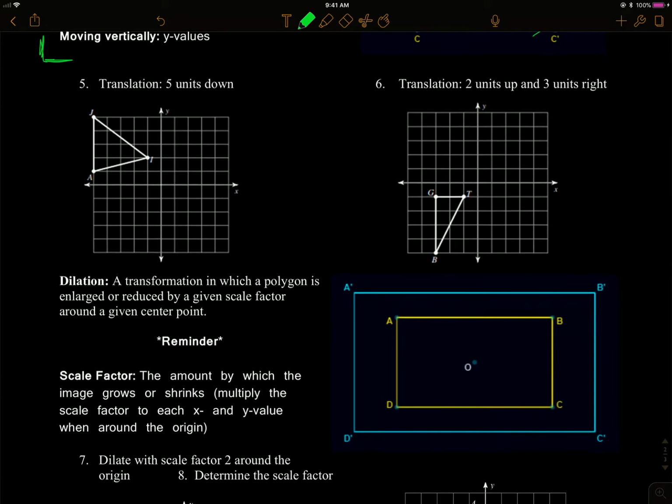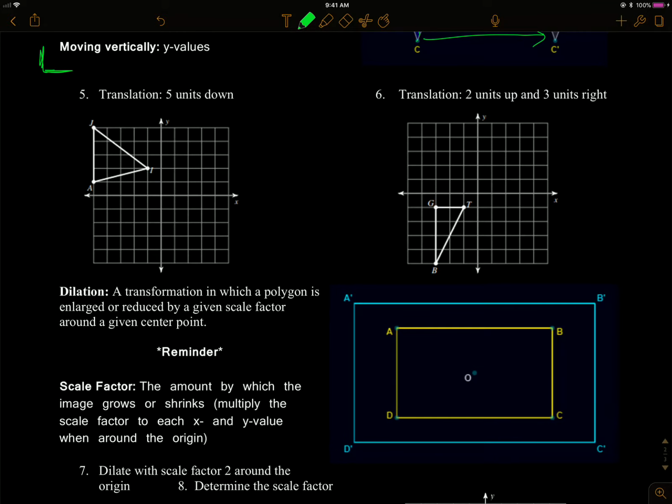All right, so let's look at a translation of 5 units down. We're going to move every single point. Like I said, all these infinite points on this line segment and all the infinite points on this line segment. But all we really need to do is translate the 3 main ones, the 3 vertices, and connect them, and we're translating every point 5 units down. So A goes down 5. 1, 2, 3, 4, 5, and there is A prime.